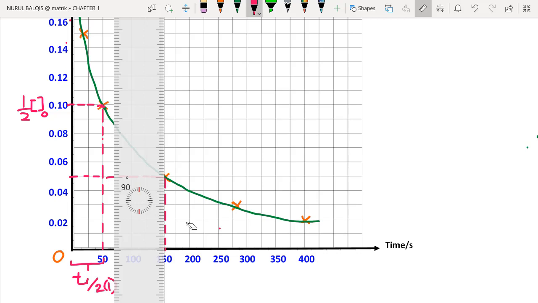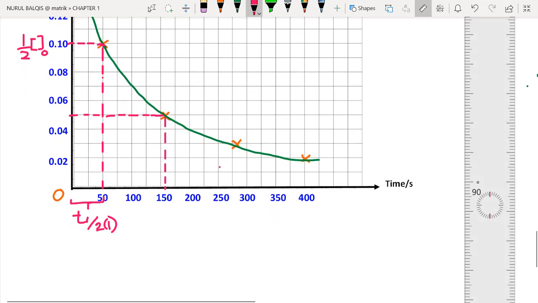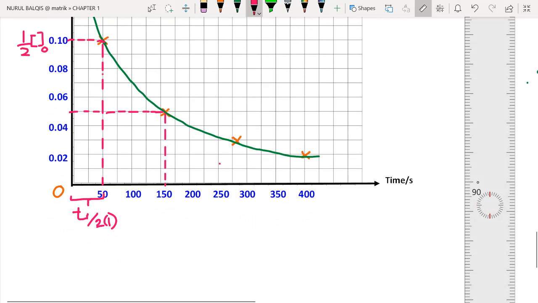So this will be around 160. The point here is 50, and then the point here is 160.